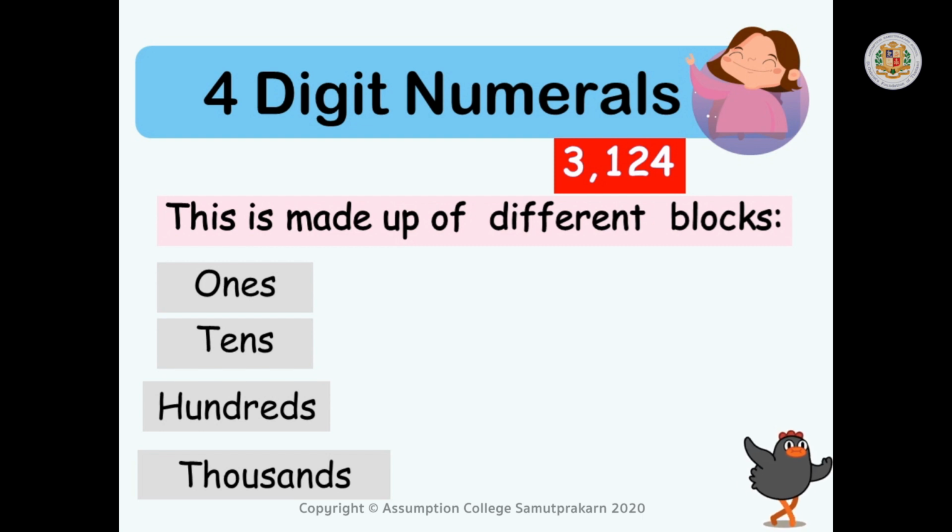Read these words by yourself. Now, in the ones place, what digit? Yes, it's 4. We will use 4 small squares to represent 4 ones.